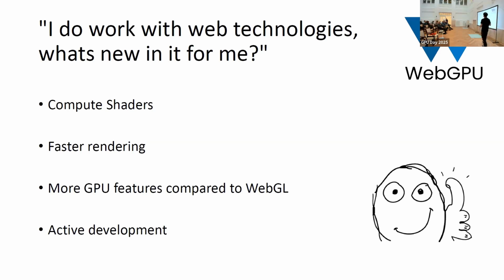Besides that, it would bring faster rendering and more features, more access to the low level and the newest offerings of the GPUs powering those devices. And this is going to be actively developed, because you might know that the OpenGL development has basically stopped. They are not shipping any new features there.